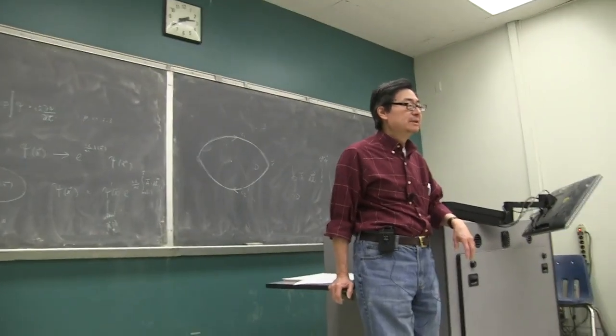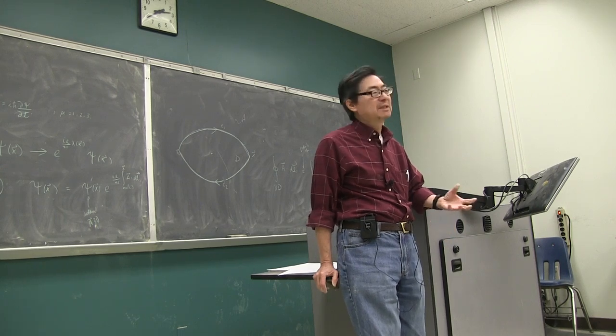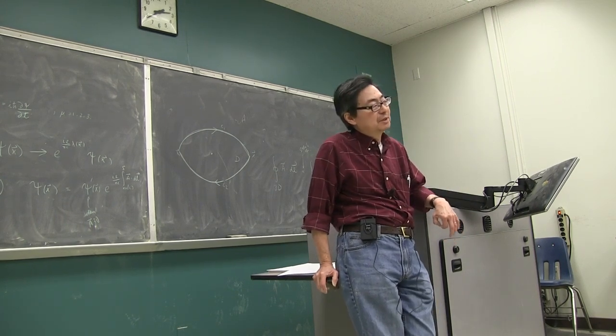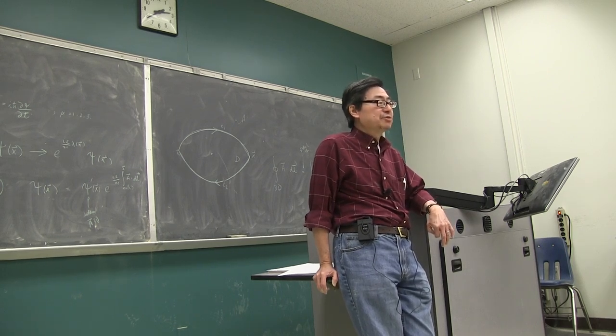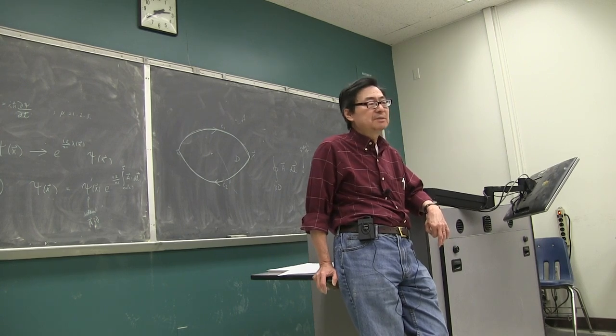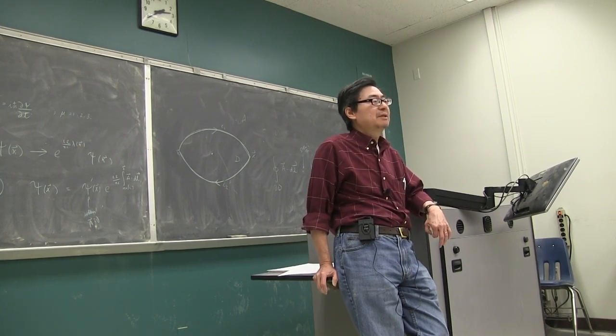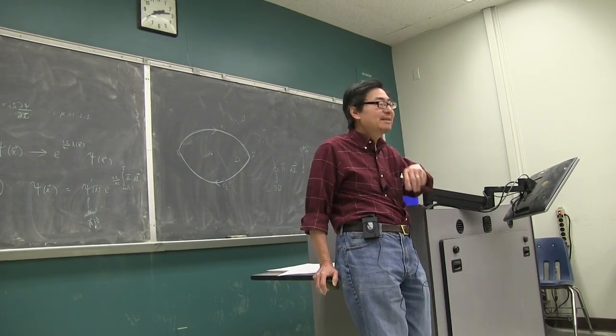In fact, people consider it a nuisance, or sometimes an advantage, depending on what you want to do with it. Different gauges are introduced to solve different problems and so forth. But in quantum mechanics, A is more important because the quantity of importance is the integral of A dot dl, not at all the B. A comes before the B.